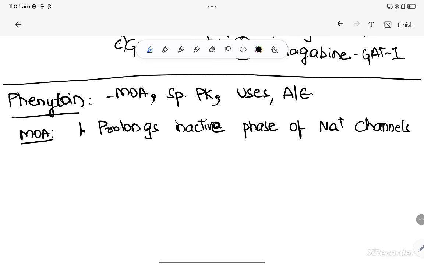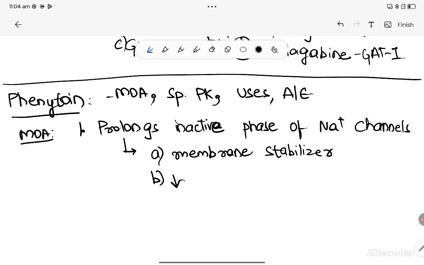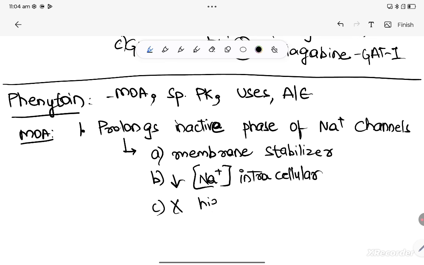First, obviously, membrane stabilizer. Second, it reduces intracellular accumulation of sodium. Third, it inhibits high frequency discharges of neurons.